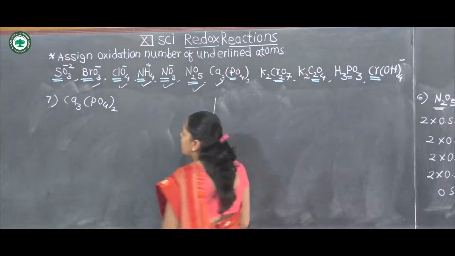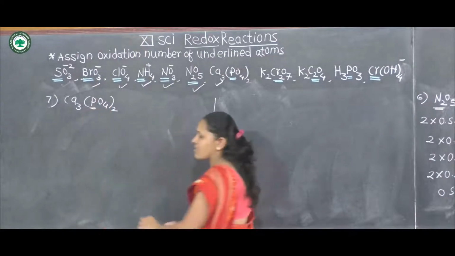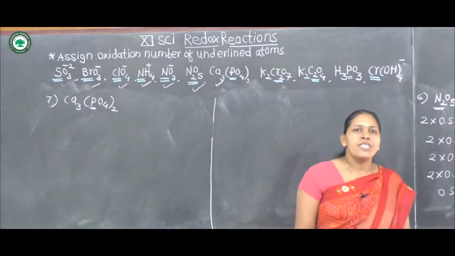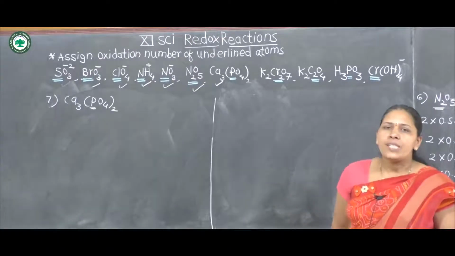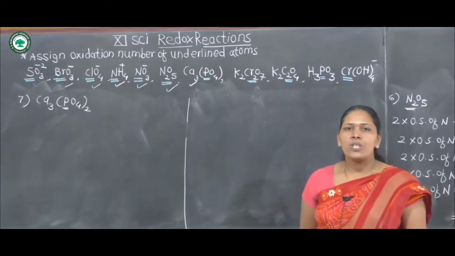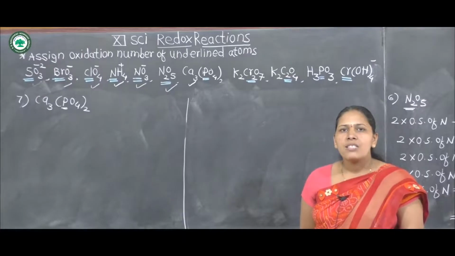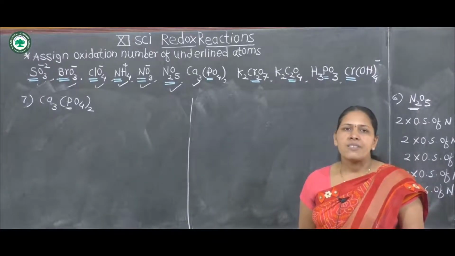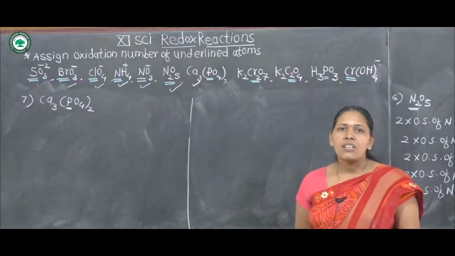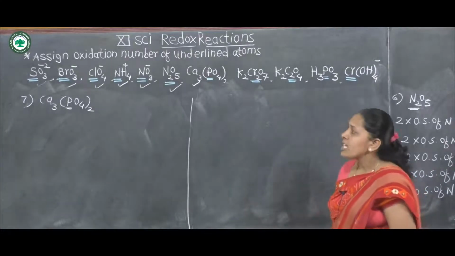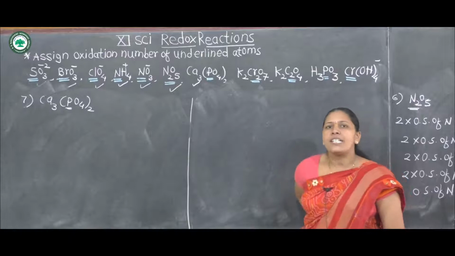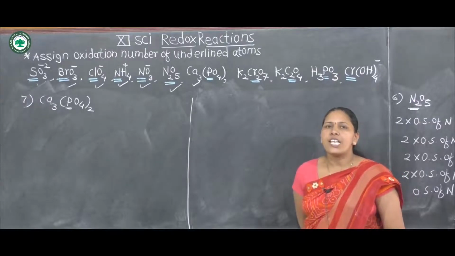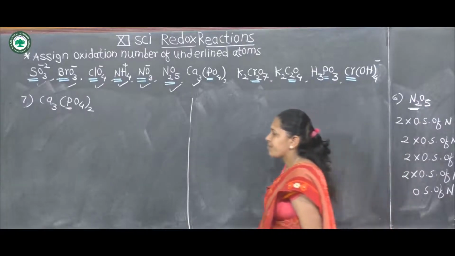Here we have to calculate the oxidation state of phosphorus. We know that calcium is which metal? Alkali metal or alkaline earth metal. We know that alkali metals exhibit +1 oxidation state and alkaline earth metals exhibit +2 oxidation state in all their compounds. Therefore calcium is a group second element, that is an alkaline earth metal, therefore it exhibits +2 oxidation state.